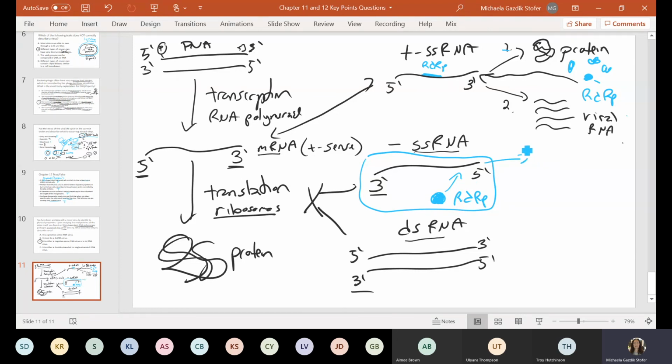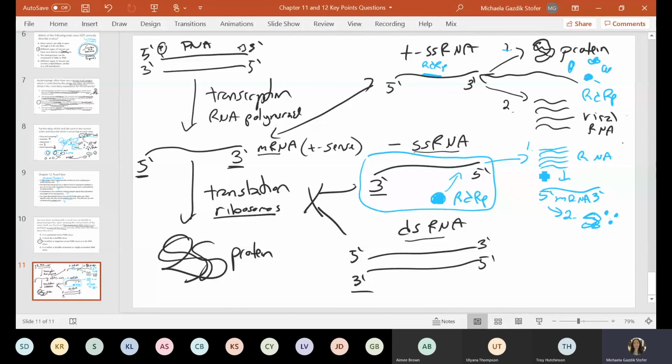And now step 1 is replication. One of these genomes is actually made 5' to 3', so that now it looks like messenger RNA. And we can do step 2, which is translation to make all of our proteins. Okay, so now we again have the RNA genome and the proteins, and we can do the assembly step.